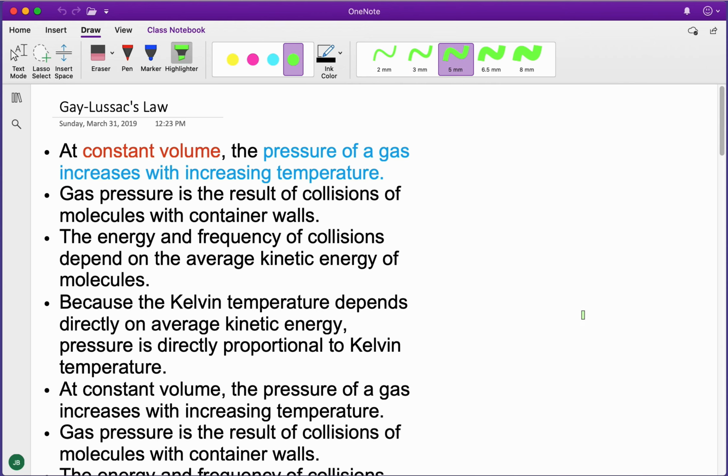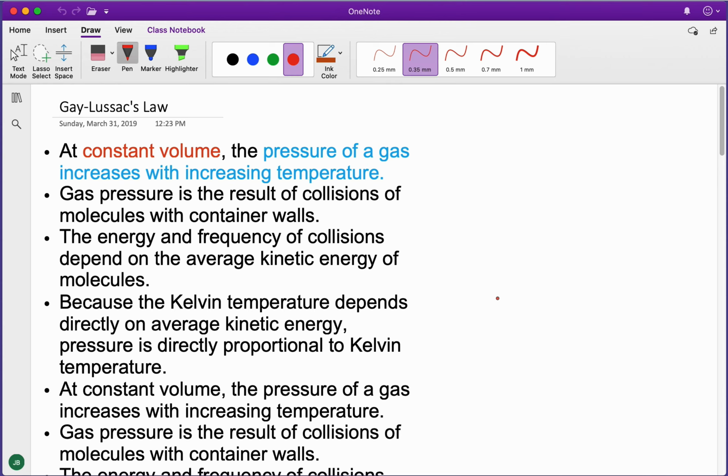So now for Gay-Lussac, we have a constant volume, but we will see that the pressure of a gas increases with increasing temperature. So once again, we see a direct relationship between pressure and temperature. Temperature increases, pressure increases. Temperature decreases, pressure decreases. And this one is a little bit more vice versa because you can also increase the pressure, which will also increase the temperature.